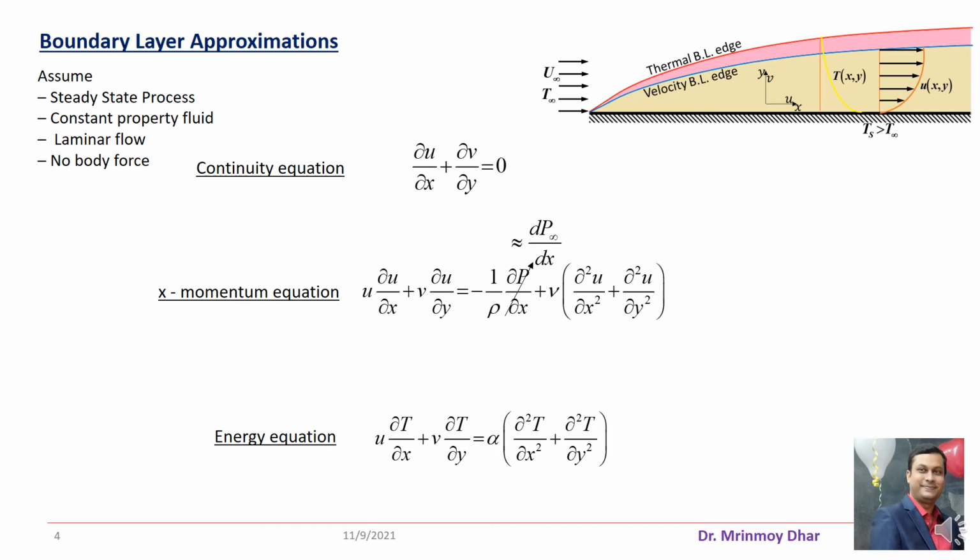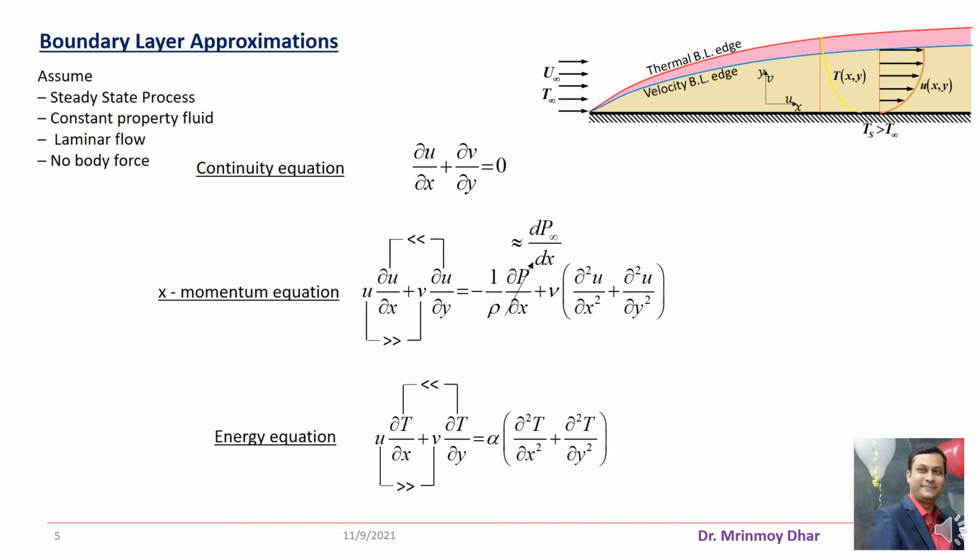Now we look into the other terms. First look into the left hand side terms of the x momentum equation and energy equation. In the x momentum equation there are two terms on the left hand side. First, in the first term there is u del u del x. Here u is much higher than v. Why is it so? Because in the boundary layer region over the flat plate, the flow direction is mainly in the x direction.